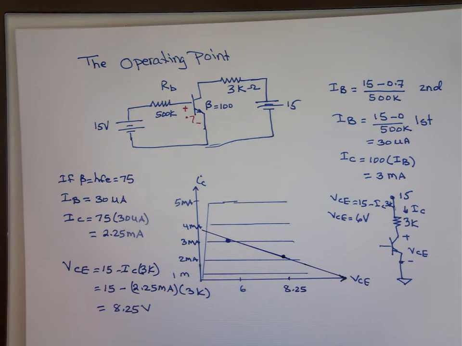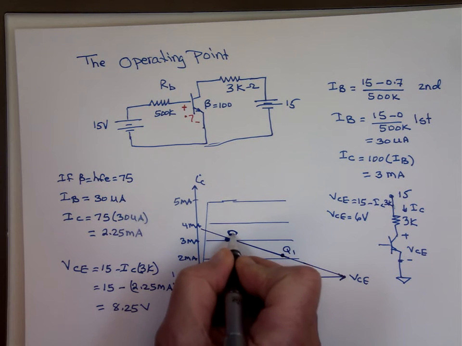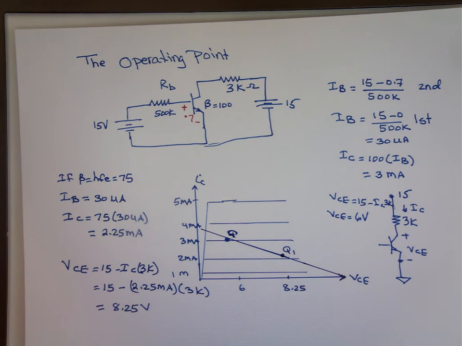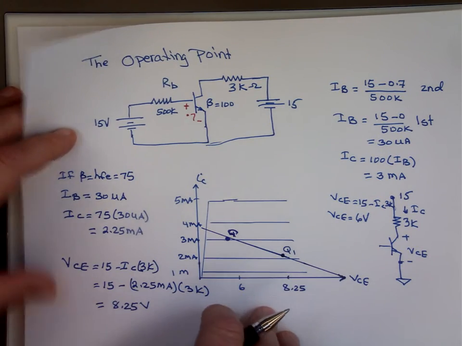That's Q here, and that's Q1, and you can put a different value for Q. You're going to see it's a straight line. Now, how do you get that line? If you don't want to go through these calculations, there's a quicker way to get that line, instead of picking 10, 12 values. I'll show you that quicker way.